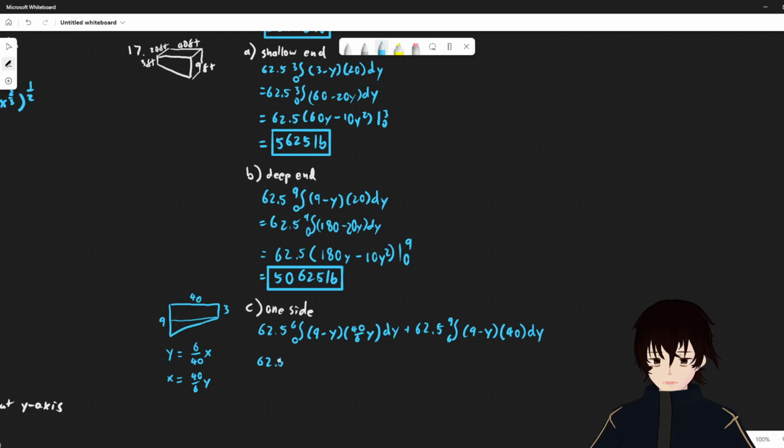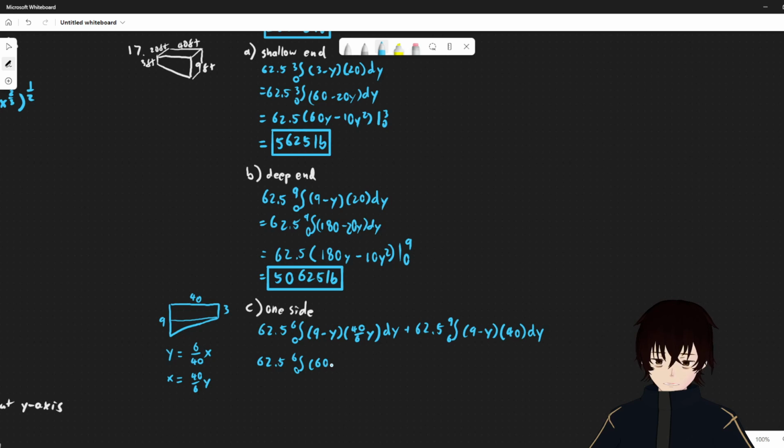So 62.5 times the integral of, my algebra, 40 over 6 is 20 over 3.